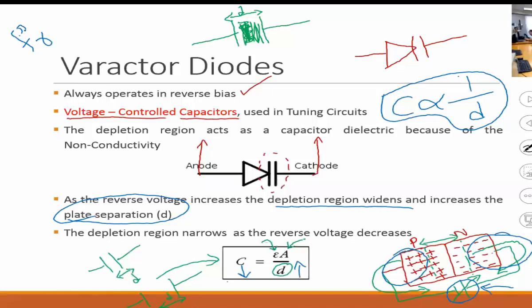Resonance is a condition that gives you the highest voltage at a specific frequency. To have a resonance circuit, you require an inductor and a capacitor. If you change the capacitance, the resonance frequency will change.